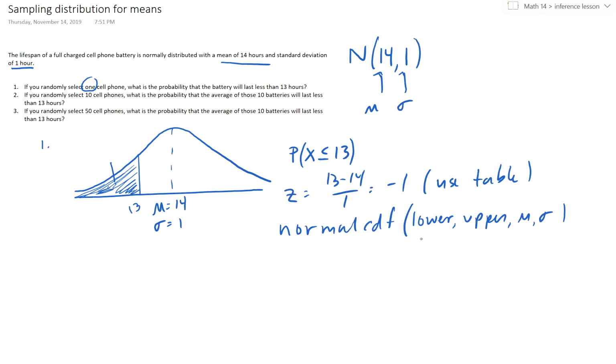The lower will be a number way down here, like negative 9999. The upper is 13, that's the upper region of my shade. The mean is 14, standard deviation is 1.